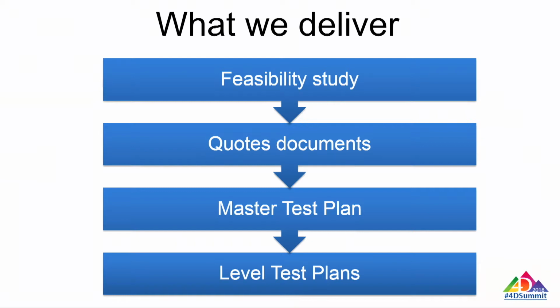We can also work on a master test plan document, which contains all testing details for the whole application. And if in your application there are many parts and modules, you will have a level test plan for each module and part of your application containing all the details of testing.